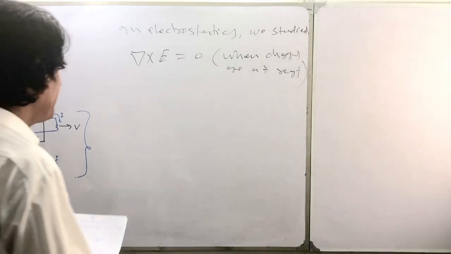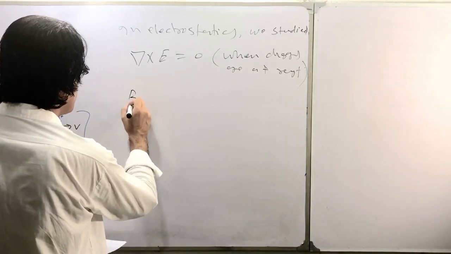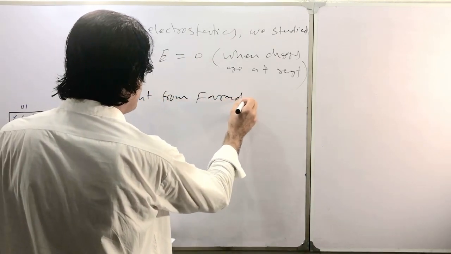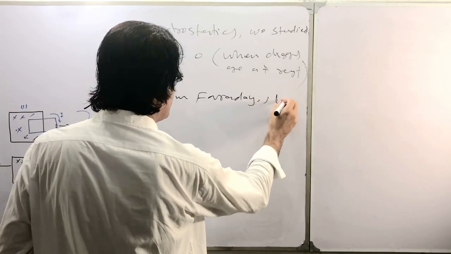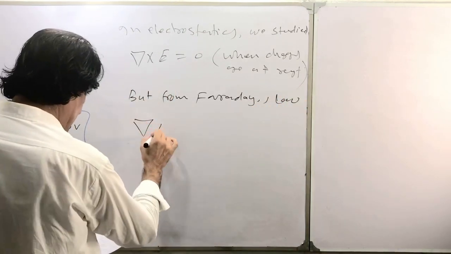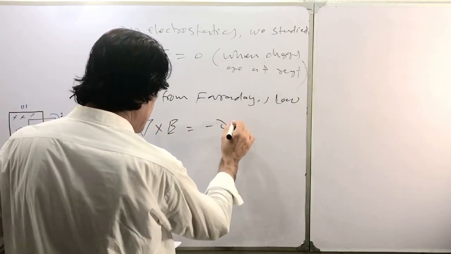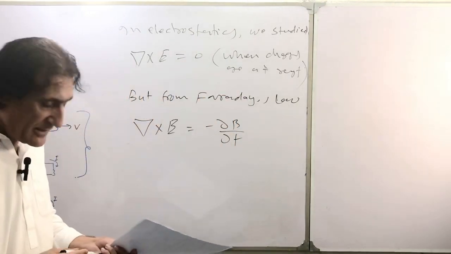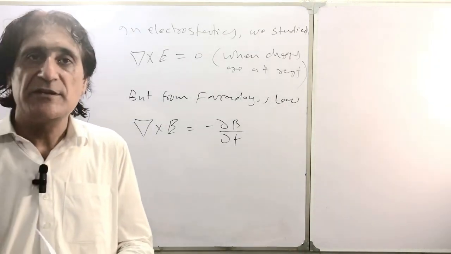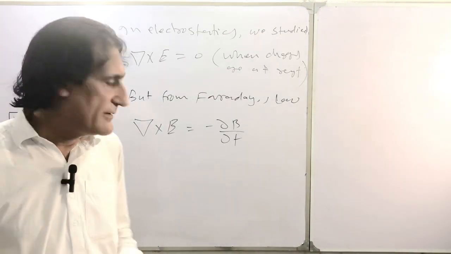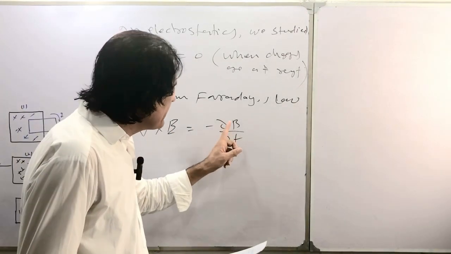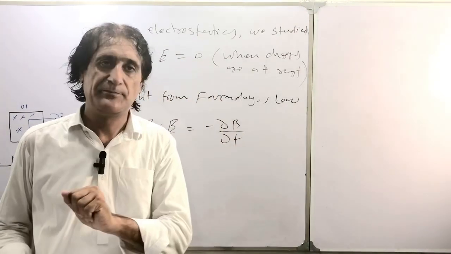But from Faraday's law, ∇×E equals minus ∂B/∂t. How can we get the curl of E equal to 0 using Faraday's law? It is possible when the magnetic field is constant.